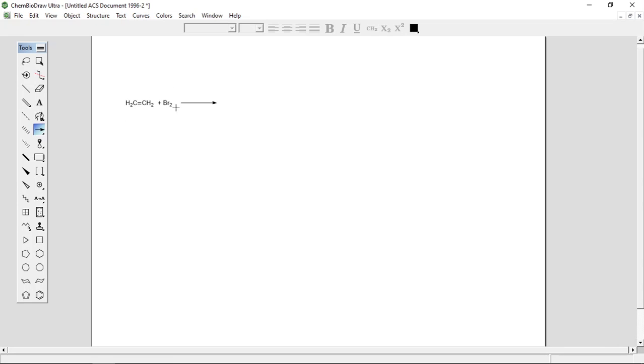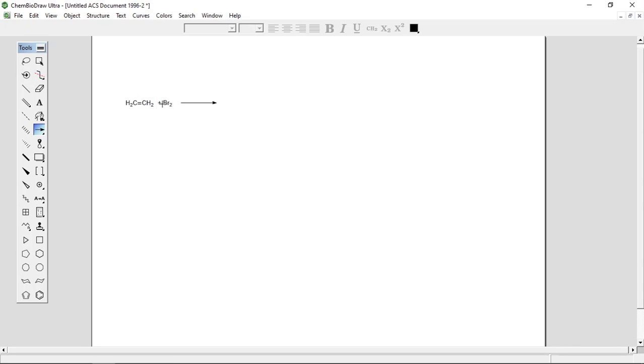So this is addition of Br2 with ethene. It's an addition reaction, and in this addition reaction the carbocation is one of the intermediates formed. There is a double bond. The Br2 is actually polar. There is a slightly positive charge on one Br, and a slightly negative charge on the other Br.